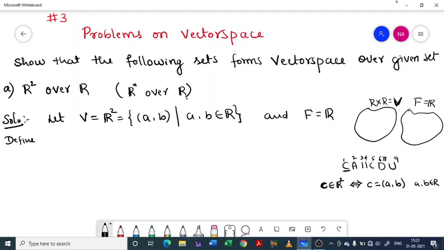Define plus and dot; we generally call these vector addition and scalar multiplication. So define plus and dot as follows.